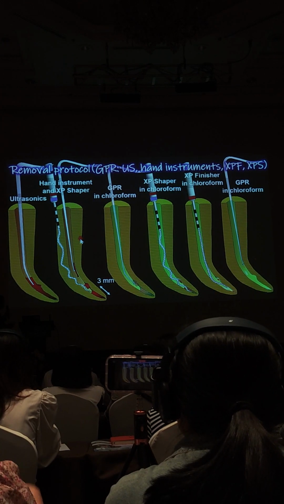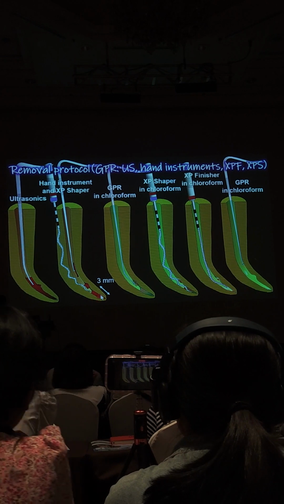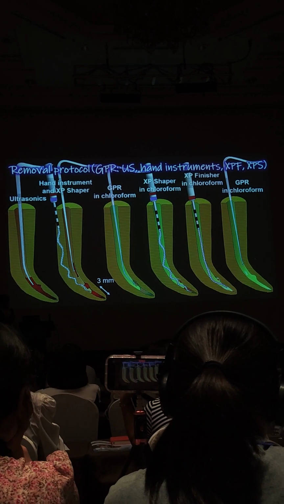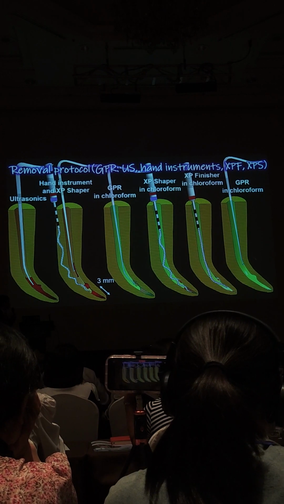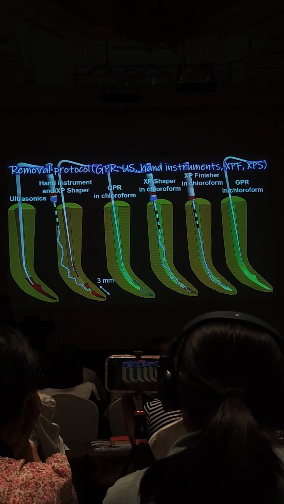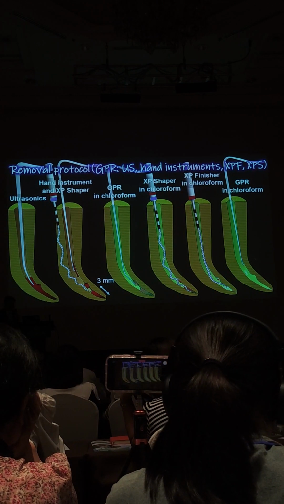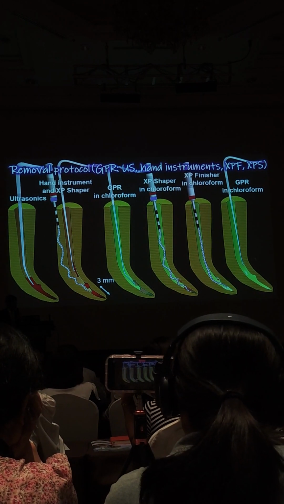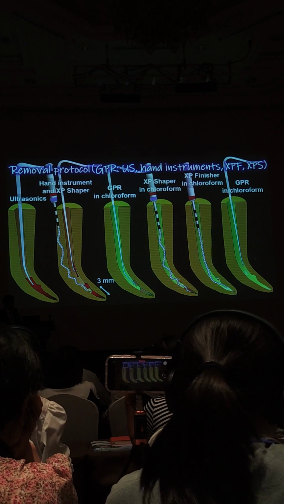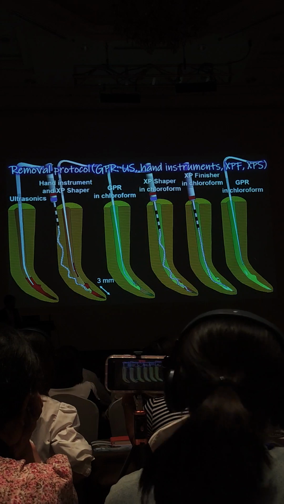Spin it at a higher speed. Then when I see the gutta-percha remaining about 3 millimeters, you don't have to be exactly 3 millimeters. You don't have to be accurate. It can be 4 millimeters, it can be 2 millimeters or 1 millimeter. It doesn't matter. If you see the gutta-percha about 3 millimeters, it's time to use chloroform.